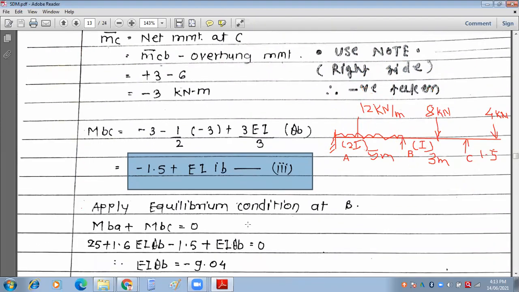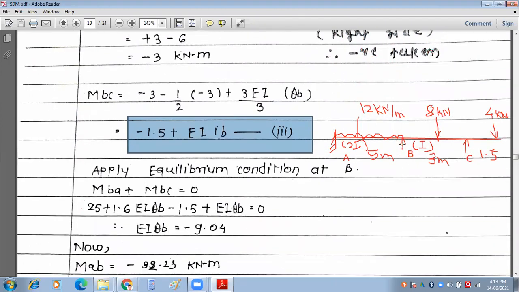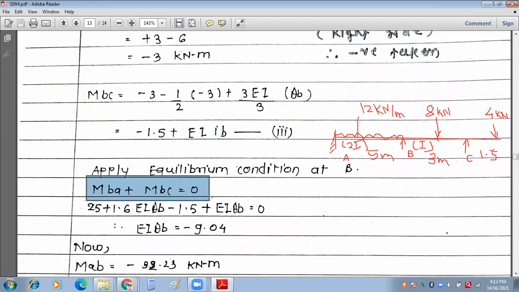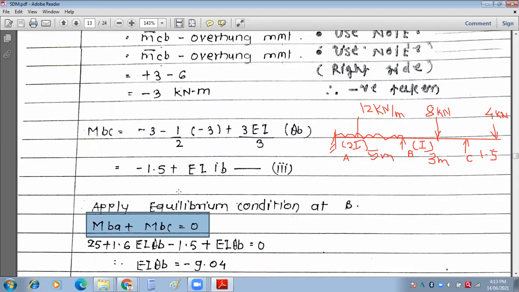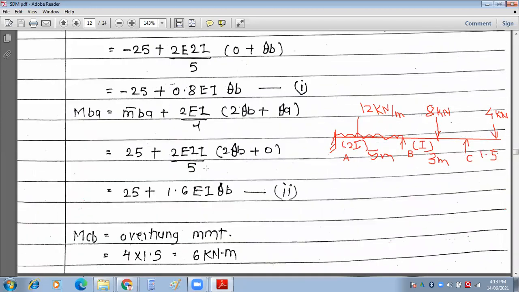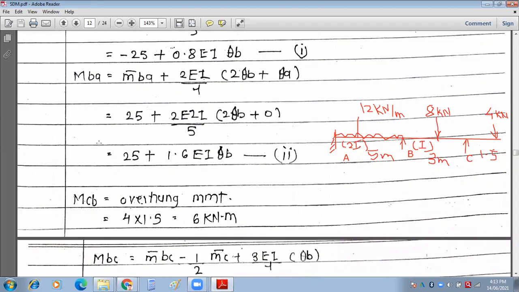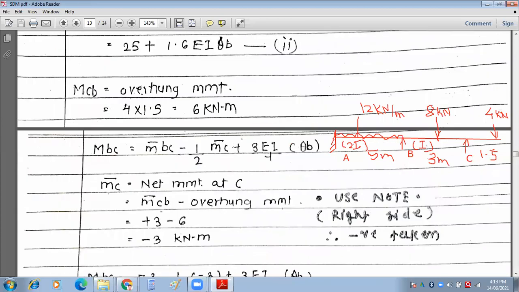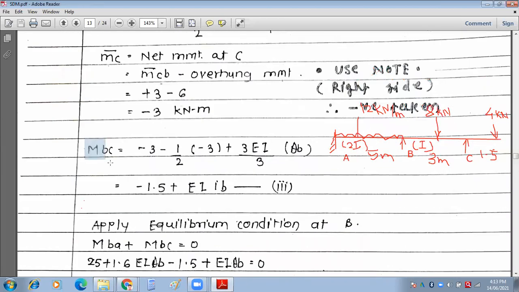Now apply the equilibrium condition at support B. As we have seen, at support B there are two fixed moments, one for the span BA and one for BC. Therefore moment BA plus BC is equal to 0. This condition must be satisfied. Now, equation number 2 is for MBA, and equation number 3 is for BC.